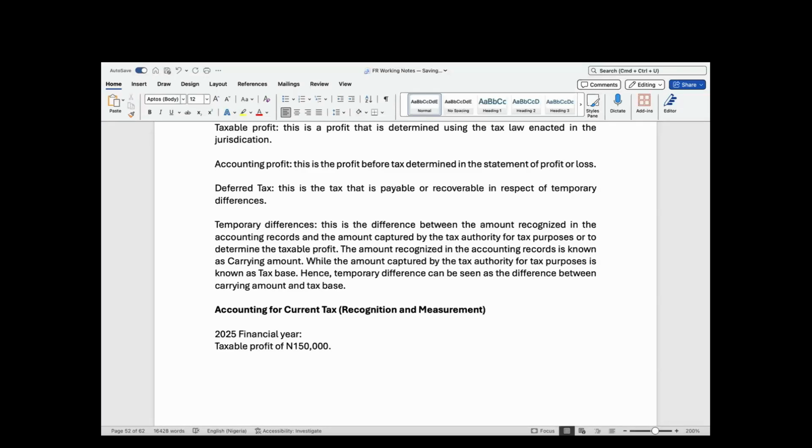The reality is this: the tax on this 2025 financial year can only be paid in 2026. And this is because the tax law requires that all companies should file tax returns 6 months after the end.